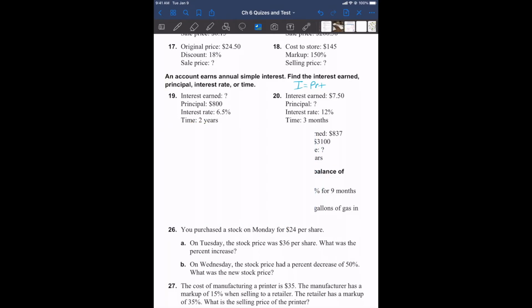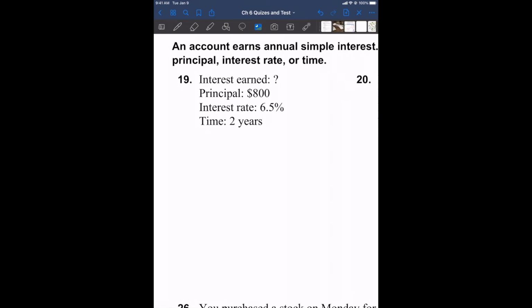Number 19. Interest earned is what we're looking for, right? I don't know what it is, but I know the principal is this, the interest rate is this, and the time is this. I equals P R T. I know principal is P. I know my interest rate is R. And I know my T is my years. Let's go pop them in.